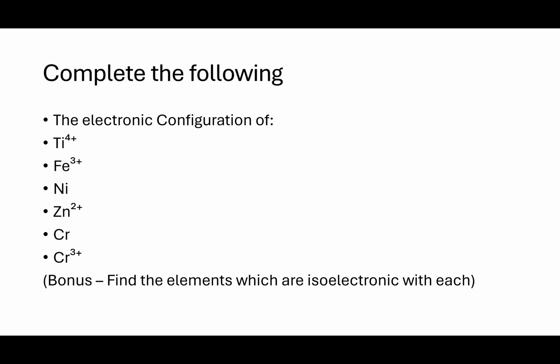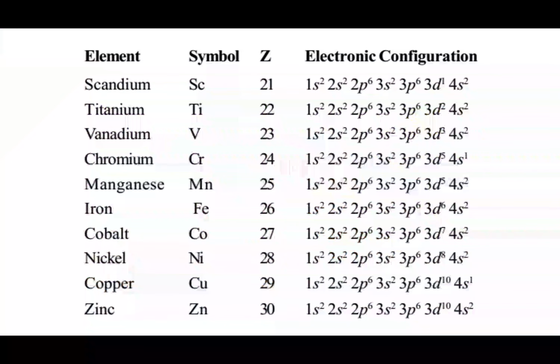And the reason why copper and chromium have unfilled s orbitals is really about stability. When you look at the energies between the 4d and the 4s, they're not as recognizable within chromium and copper, so this anomaly tends to arise.